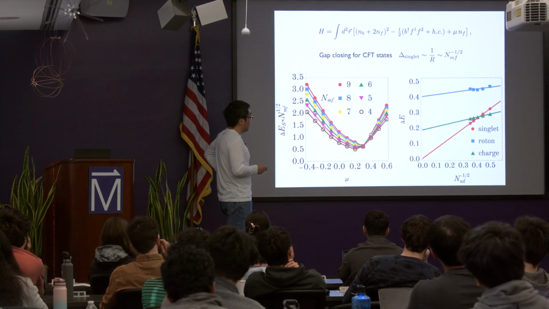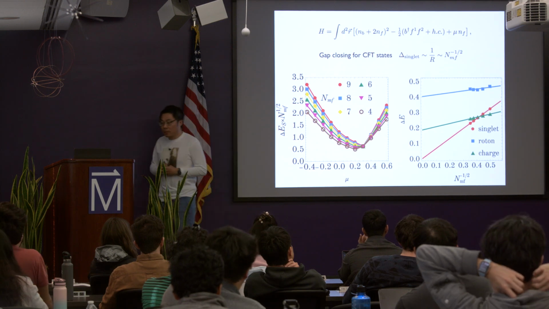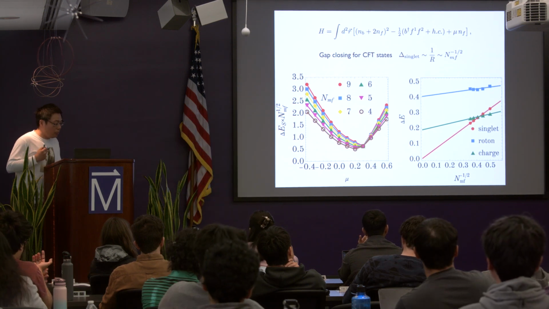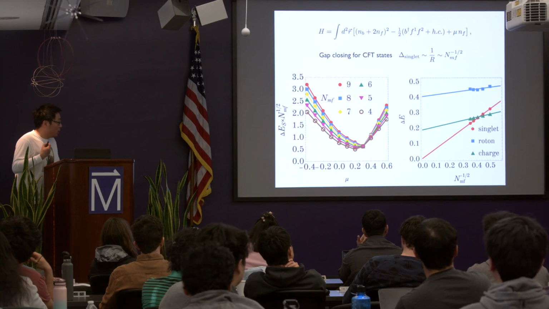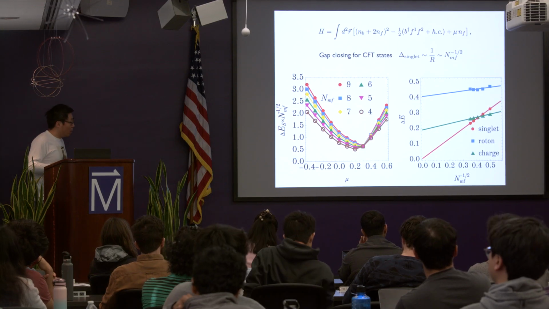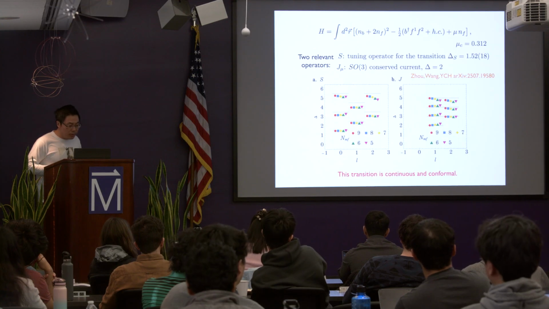There's also a charge gap, and it also stays gapped. So those are very simple computations, but we should not view them as conclusive evidence for the continuous phase transition.